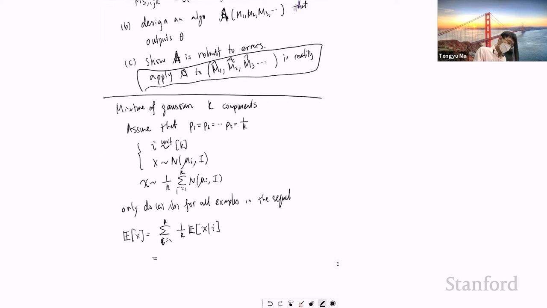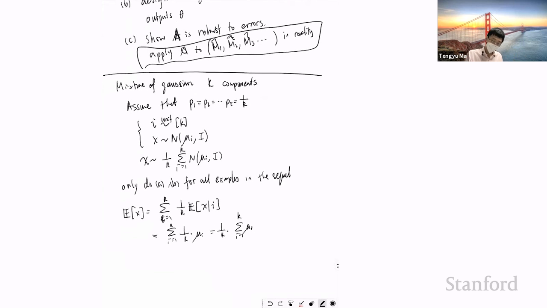Conditioned on the cluster i, your mean is mu_i, and you take the sum of them. This is 1 over k times the sum of mu_i. So from the first moment you only know the average of the means, and you wouldn't be able to recover each of the means. That sounds reasonable.